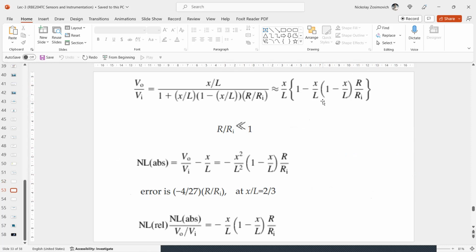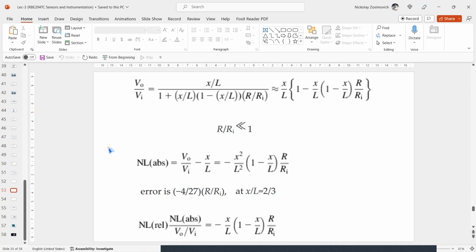A load resistance, in our case R, results in additional nonlinearity error. And now assuming Ri equals 0, the voltage transfer is described by this expression, R over Ri much less than 1, right?